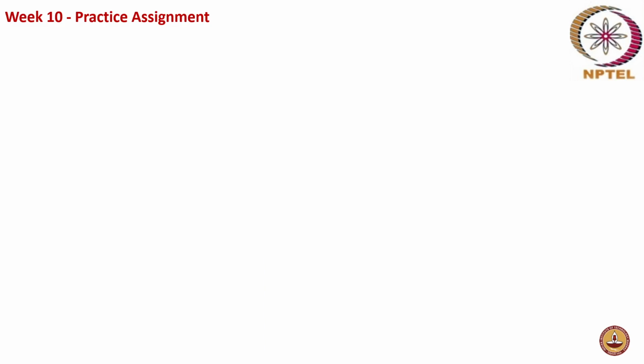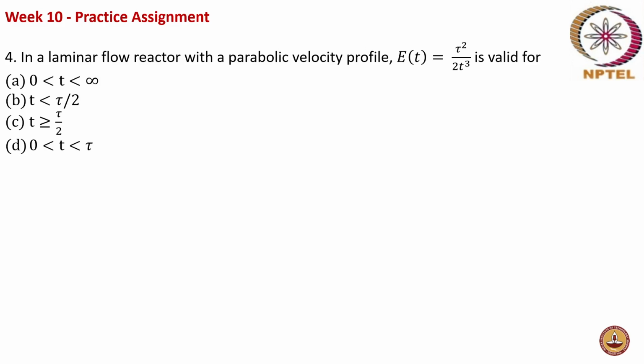Now let's go on to question number 4. In a laminar flow reactor with a parabolic velocity profile, E of t is equal to tau square by 2t cube.